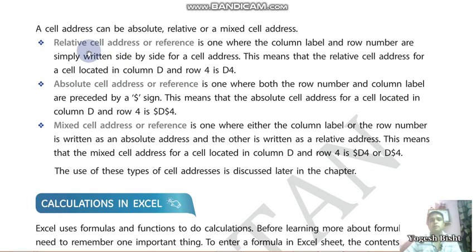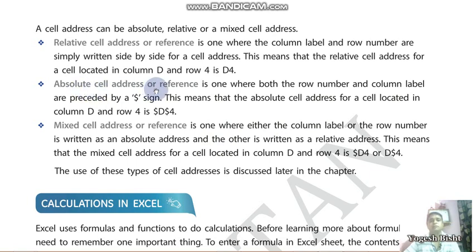So let us study what a relative cell address is. A relative cell address or reference is one where the column label and row number are simply written side by side for a cell address. This means that the relative cell address for a cell located in column D and row 4 is D4. Alright.